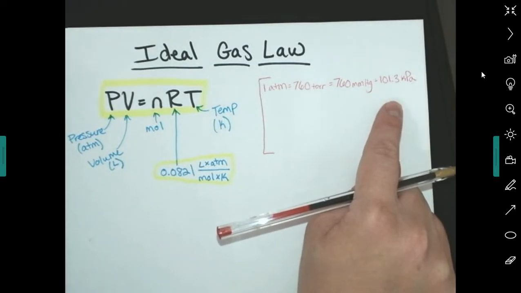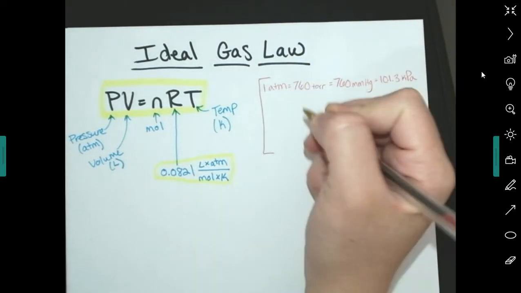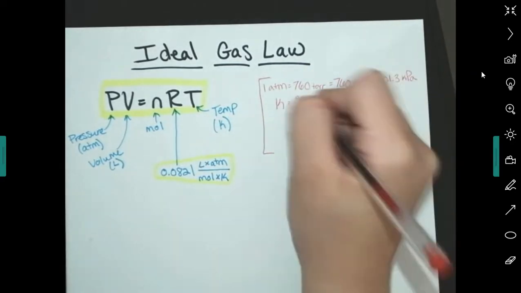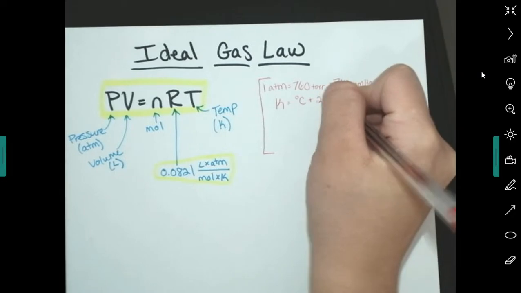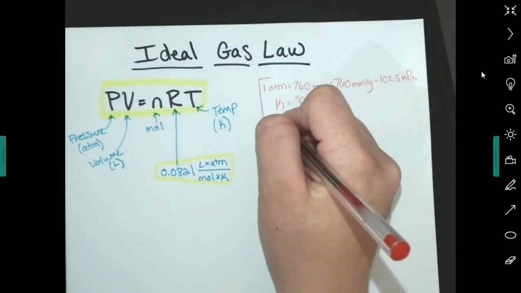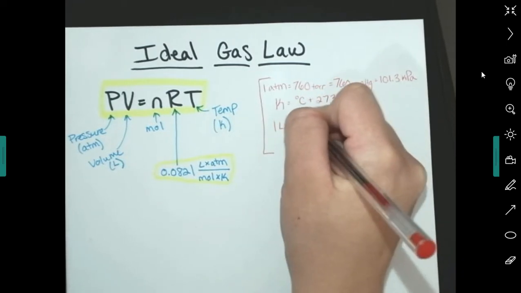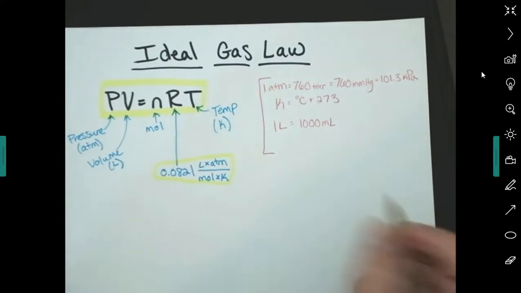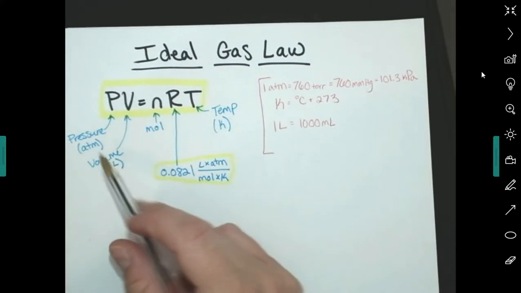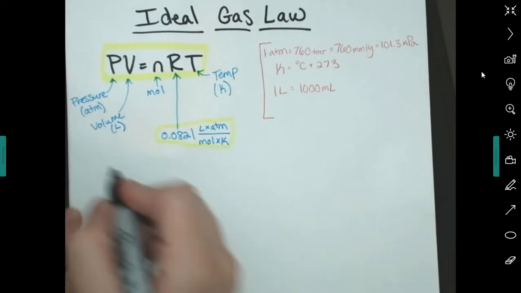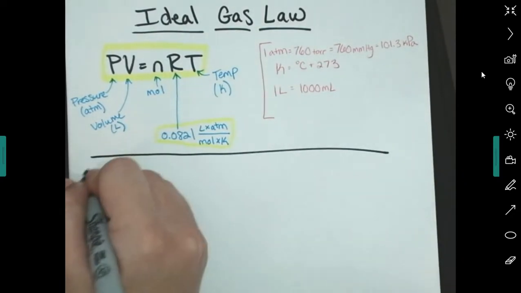For temperature, remember that if we want to go from Celsius to Kelvin, you take whatever it is in Celsius and you add 273, right? So that's how we convert to Kelvin. And then the last thing to remember is that 1 liter is equal to 1,000 milliliters, right? So we want to remember those things in case we need to do some conversions to get into these desired units here, okay? So let's go ahead and do an example together now that we have that all set up. So let's do example 1.